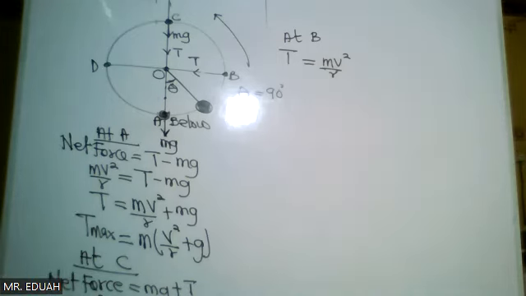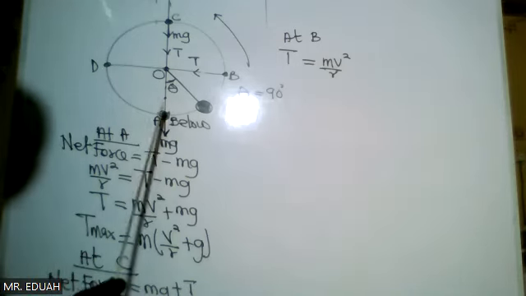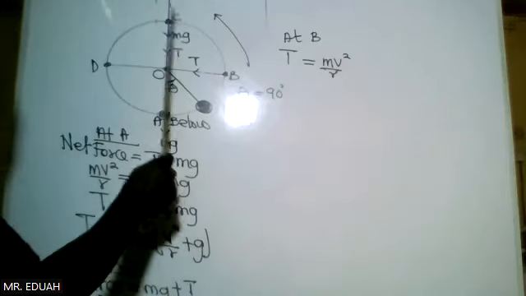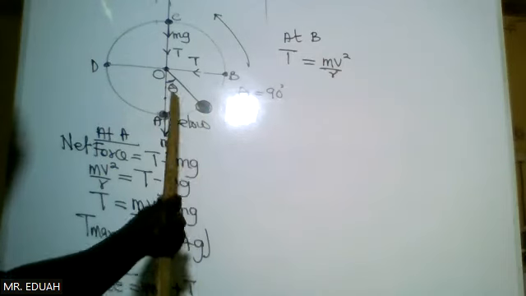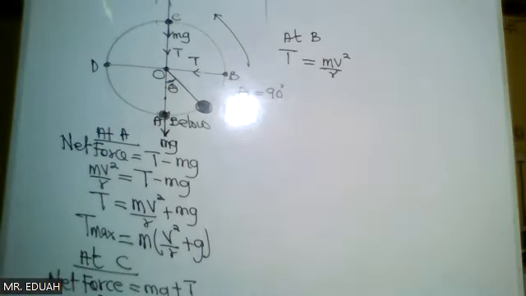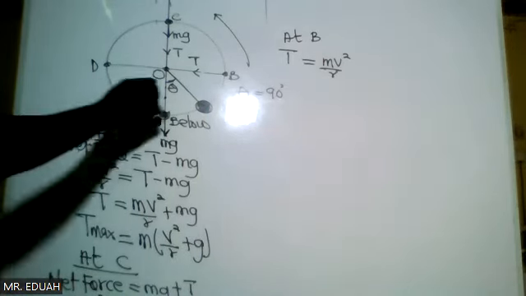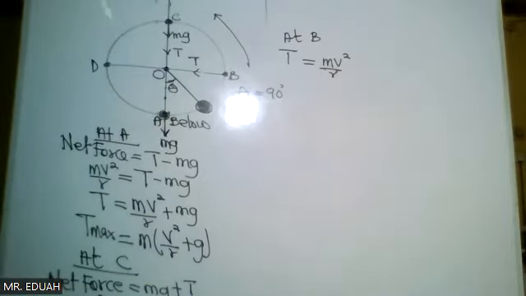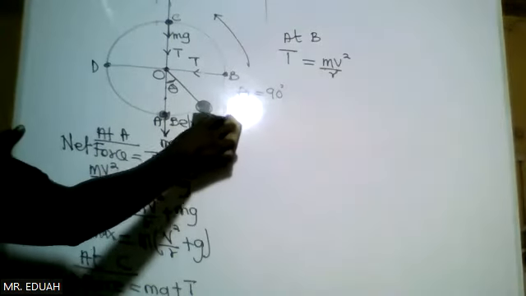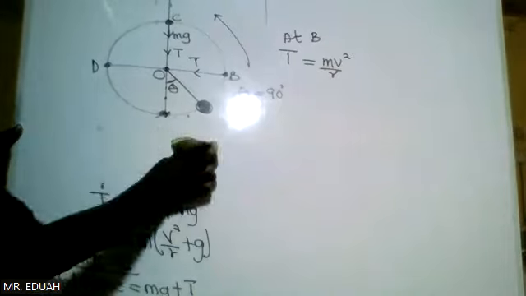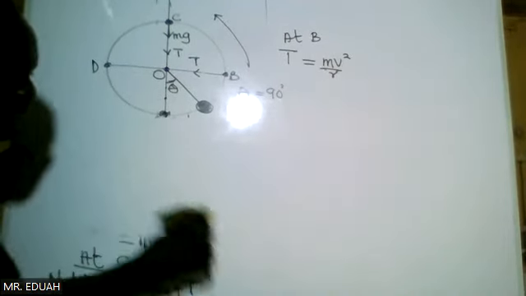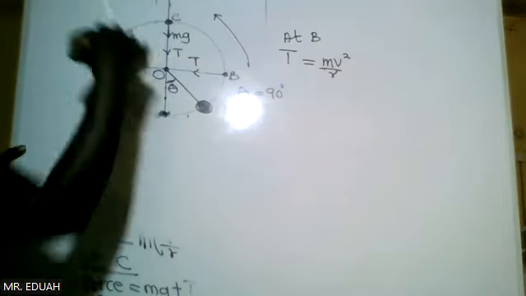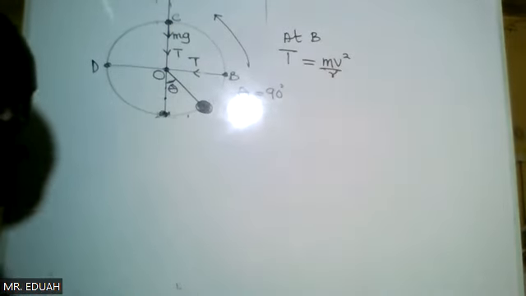Because we have looked at the tension when the body is here, here, here, and here, standard angles. But if it is at any angle, maybe 30 degrees, it makes an angle of 30 degrees with the vertical. What will be the tension within the string? That is the next thing to look at. And when you get that, you can apply it to all other positions of the body.